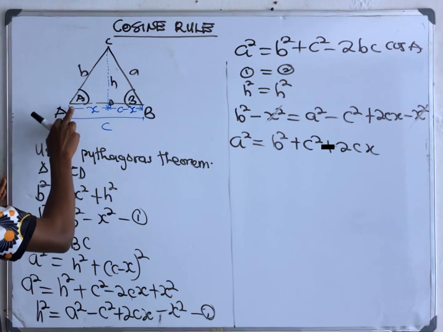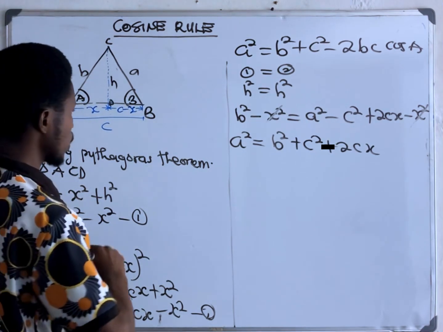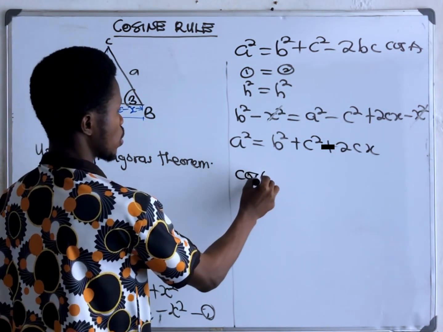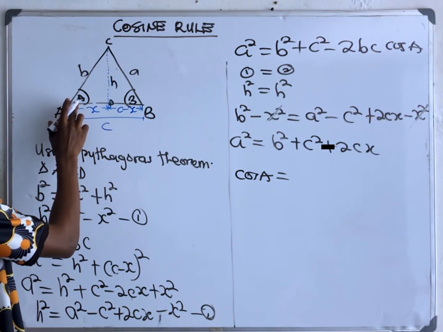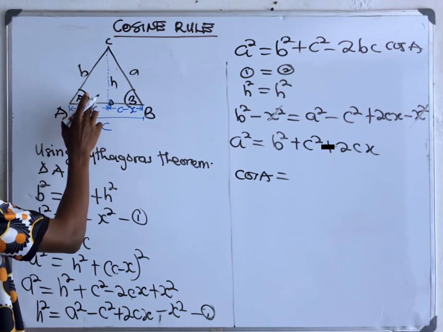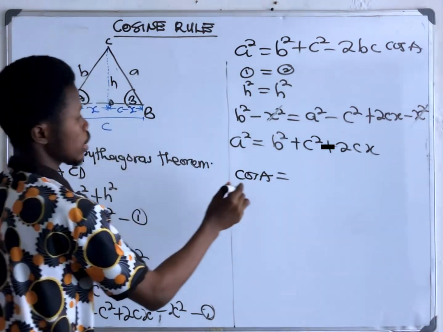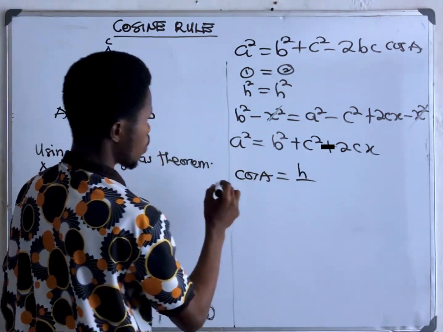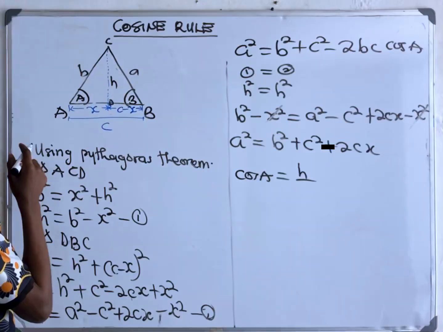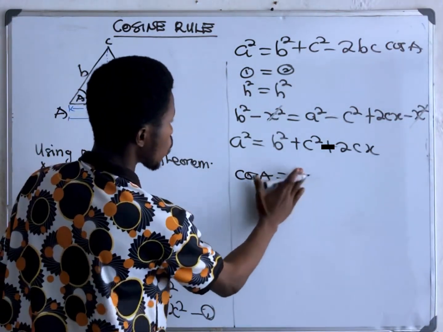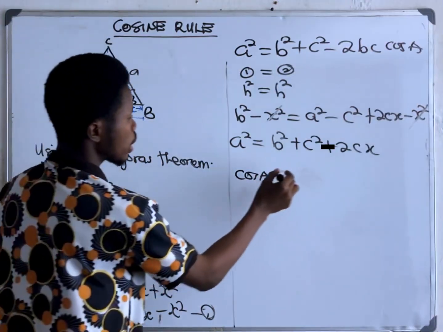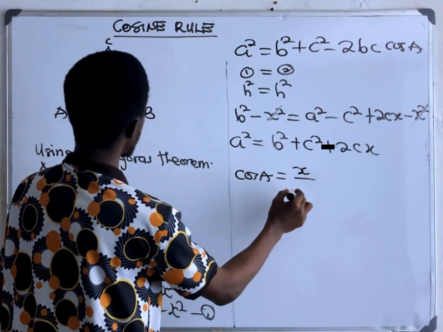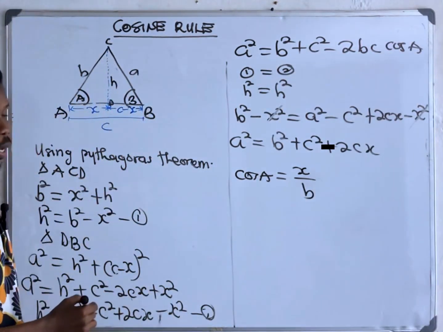Considering that triangle, cos A is equal to, sorry, cos is adjacent over hypotenuse. So adjacent is x, not h, over the hypotenuse, which is b. I beg your pardon for that.